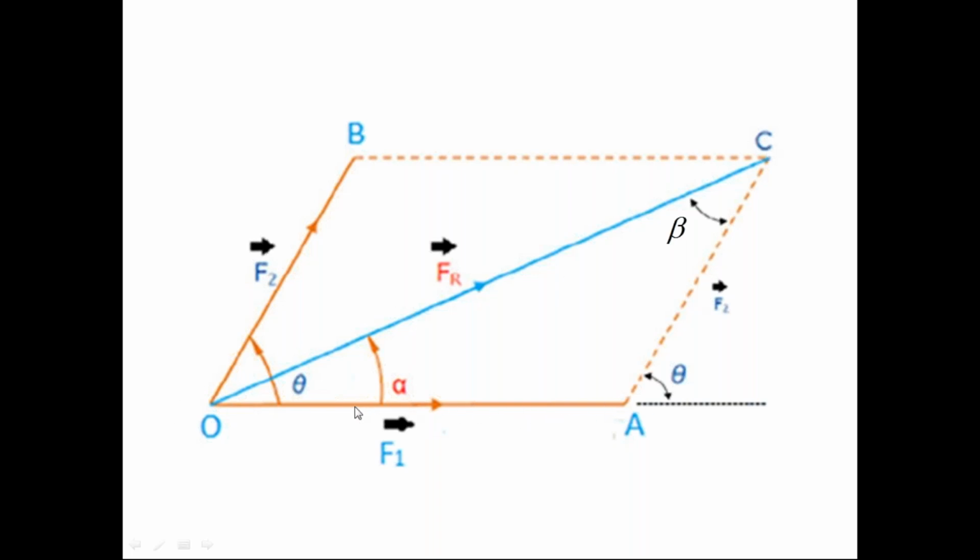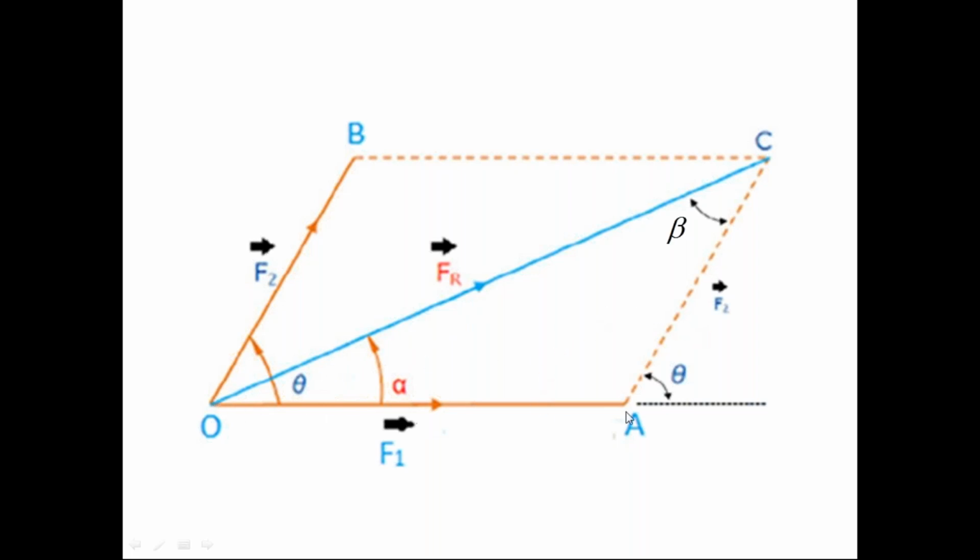According to the sine rule, OA divided by sine of the opposite angle beta is equal to AC divided by sine alpha is equal to OC divided by sine 180 minus theta. With respect to the side OC, the opposite angle is 180 minus theta.